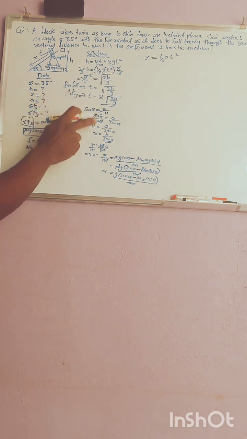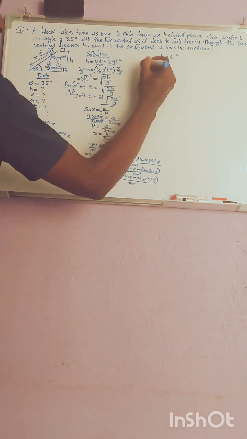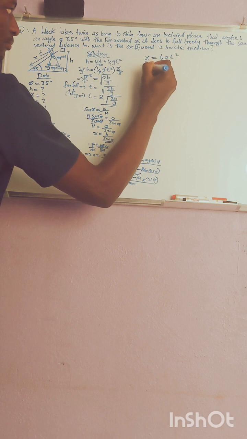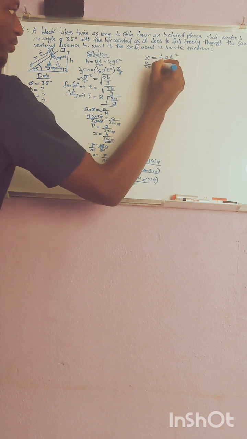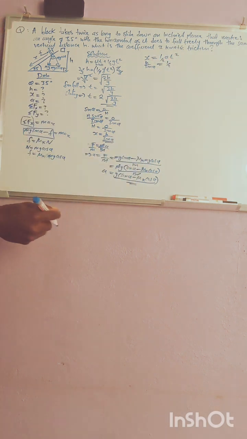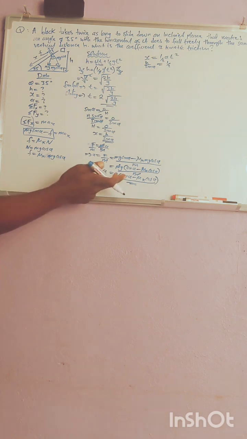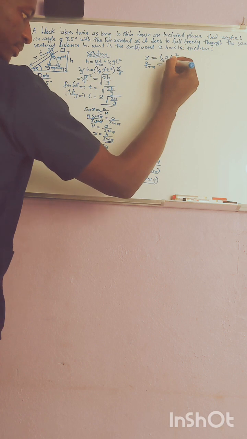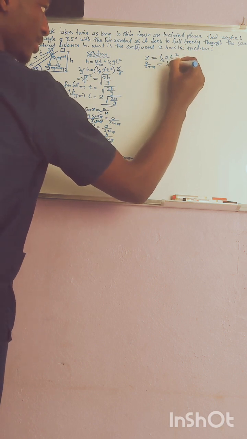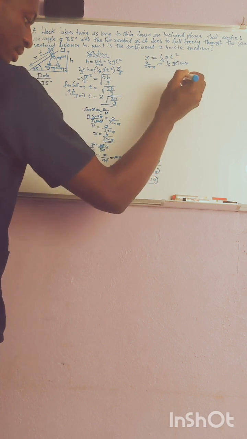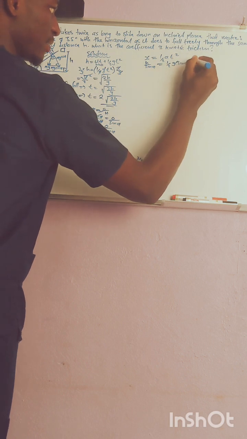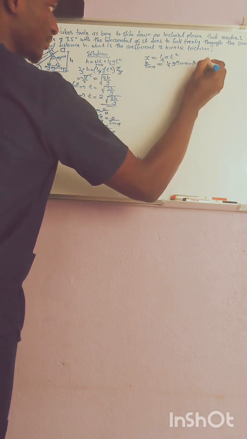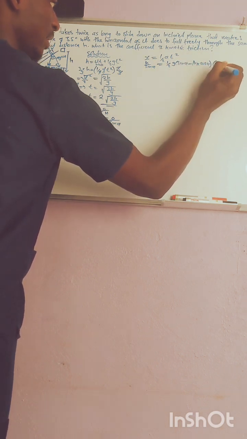We know that x is h over sin theta, which will be equal to 1 over 2 times our acceleration, g times sin theta minus mu k cos theta, times the time squared.